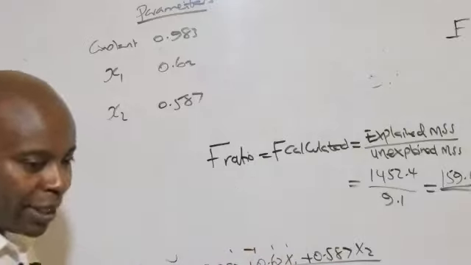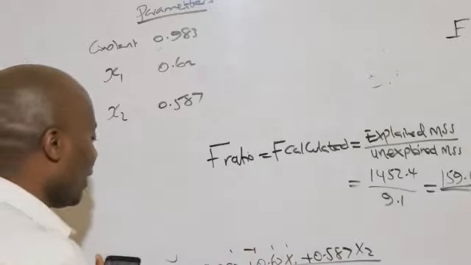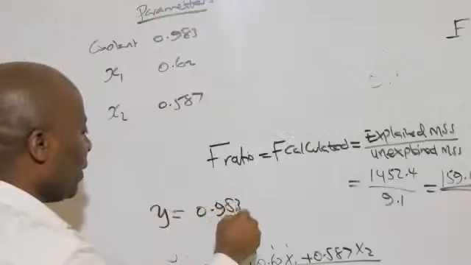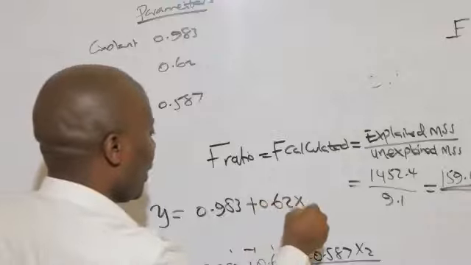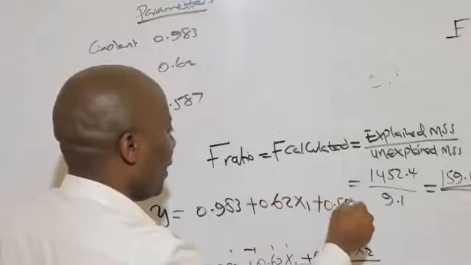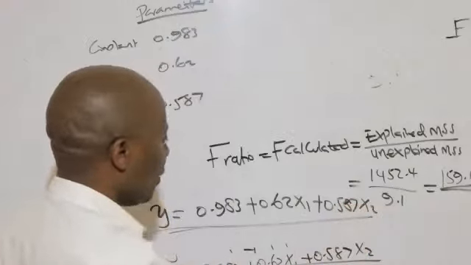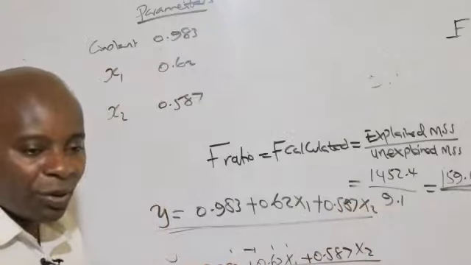So remember, our equation here is y equals 0.983 plus 0.62 x1 plus 0.587 x2. This is our equation. Now we go to the explanatory power.